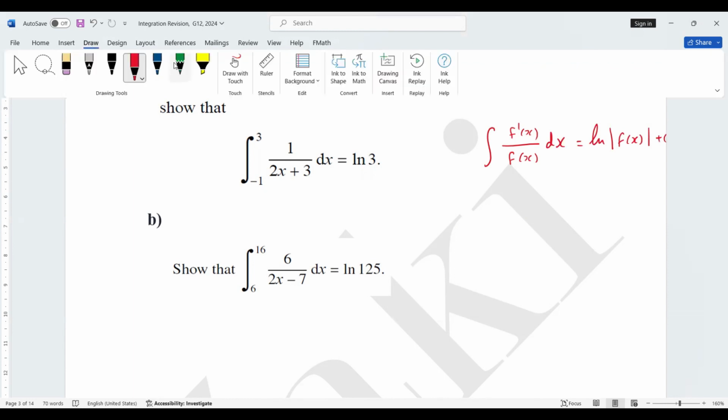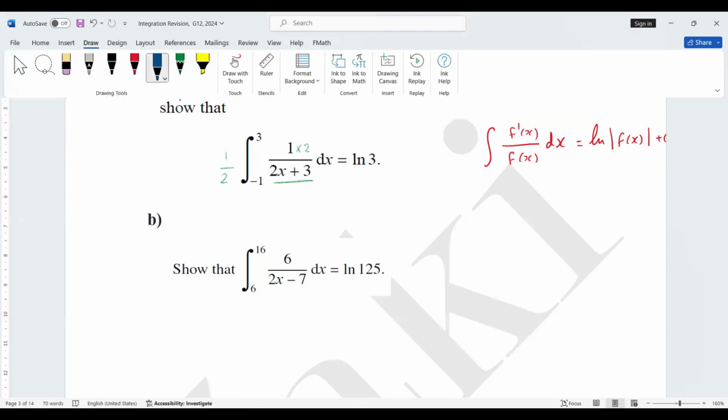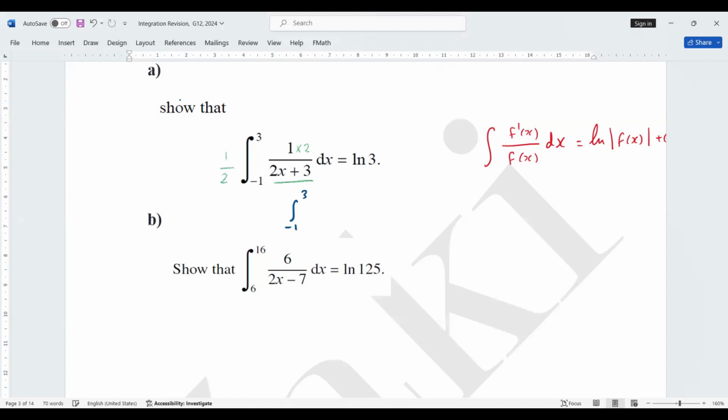1 is not the derivative of 2x plus 3. The derivative of 2x plus 3 is 2. Then we have to divide by 2. Now we can apply the rule. So the integration from -1 to 3, and remember here we have half, ln the denominator.